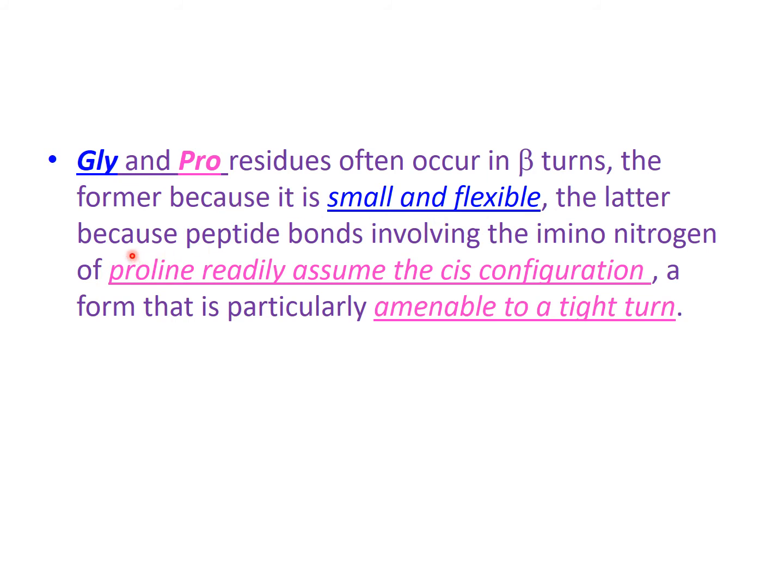The latter because peptide bonds involving the imino nitrogen of proline readily assume the cis configuration. The cis configuration is only because of the presence of proline, a form that is particularly amenable to tight turns.